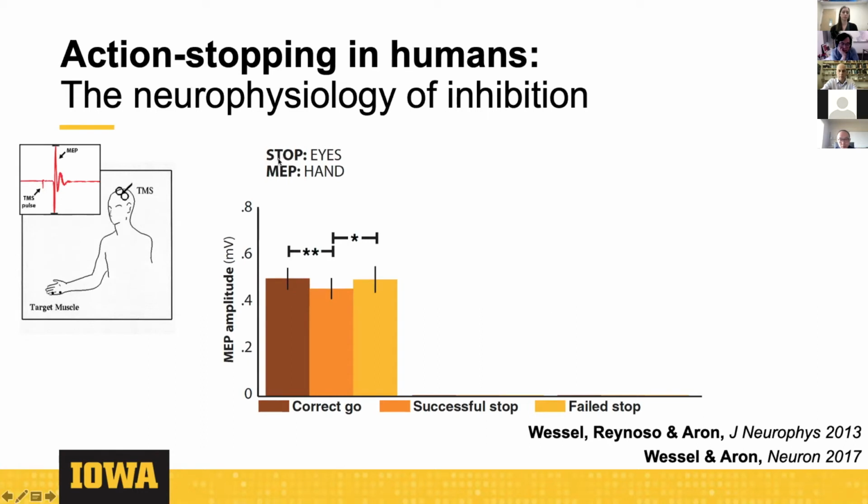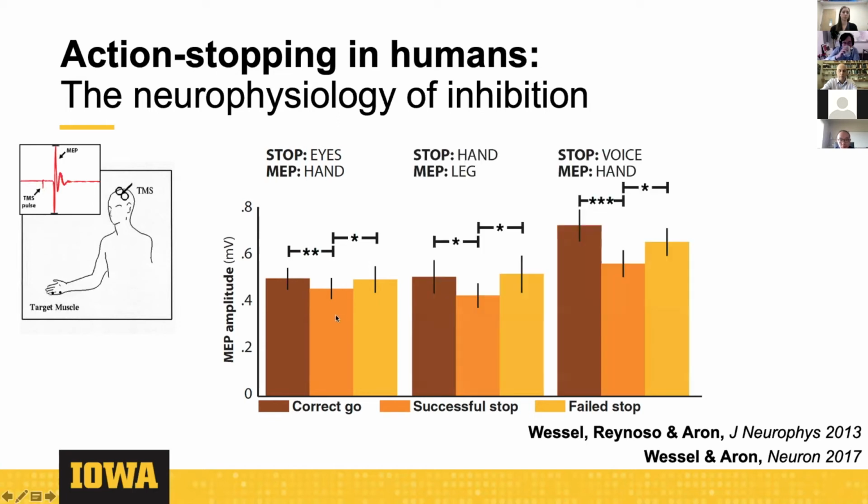So in other words, if you're stopping a motor effector, like the eyes, the motor evoked potential, or the corticospinal excitability from the task-unrelated hand, for example, will also be suppressed. So that's the successful stop trials here. And we found this over and over again, us and others, with different combinations of motor effectors. And the reason I'm bringing this up is because it's a third signature that's important, and that I'll talk about here in the new empirical part of this talk.